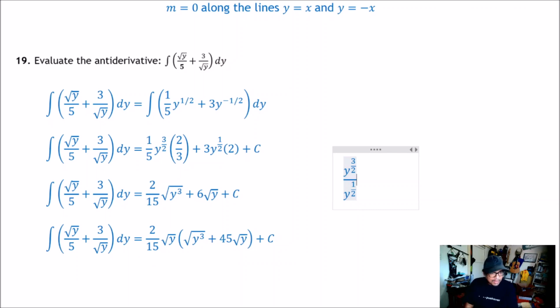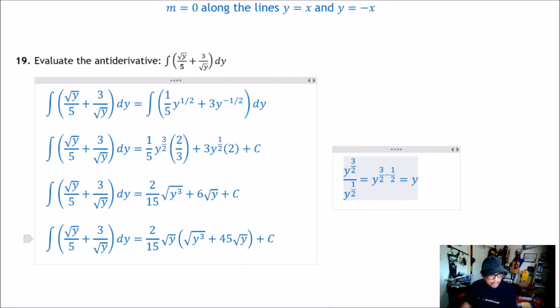Let me just illustrate that. That's y to the power of 3/2 minus 1/2, and that's the same thing as y to the first power. So we can change this to y to the first power right there. And then over here, we've got 45 root y, and yeah, that can simplify out.